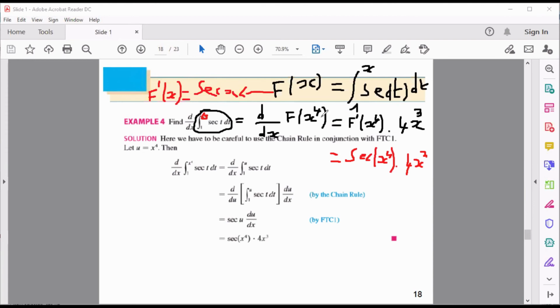That's why, thanks to the chain rule, the derivative is equal to the derivative of the function capital F in the point x to the 4 times the derivative of x to the 4. The derivative of the function is sec x in the point x to the 4 times 4x cubed. Obviously, this is the result.